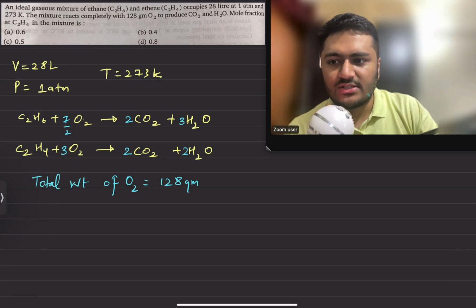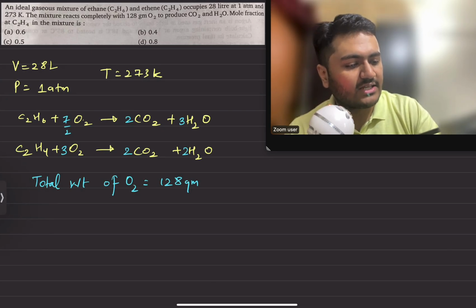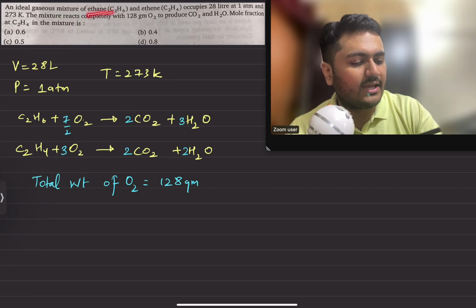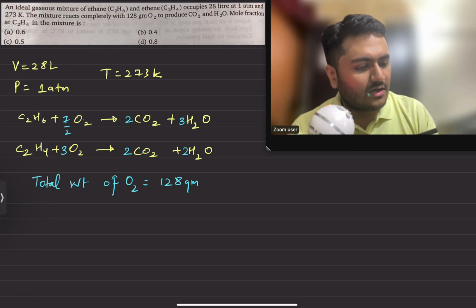What I'm going to do is first find the total moles, because in the initial part they've given you ethane and ethene occupying 28 liters at 1 atm pressure and 273 Kelvin. So I can find the moles of the mixture. The total moles will be equal to 28 upon 22.4.